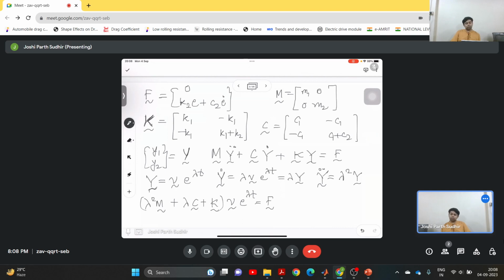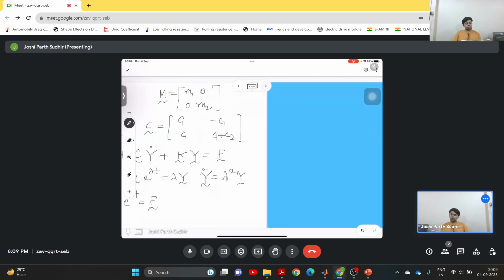So here, this is a case of forced vibration. So the response will have two parts. One is the transient, and the other will be the steady state response.